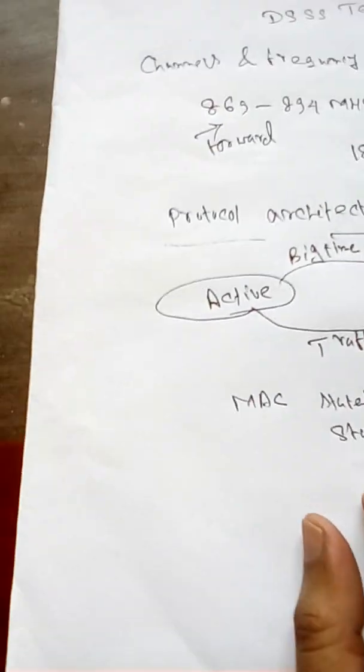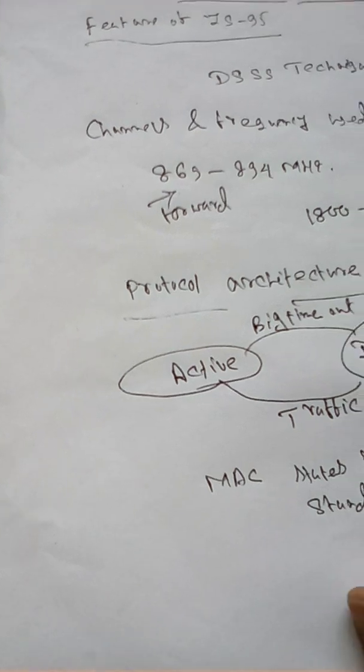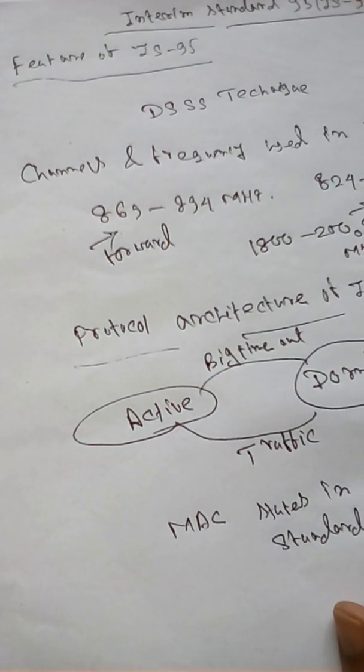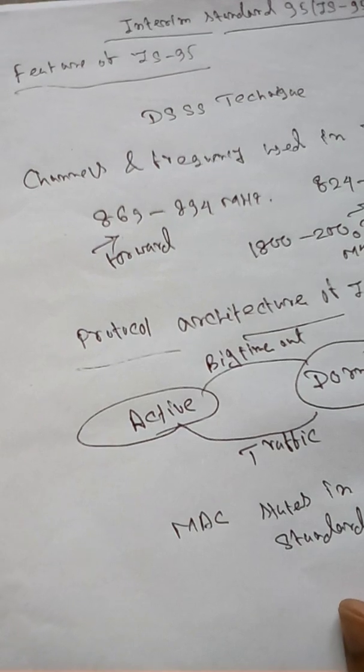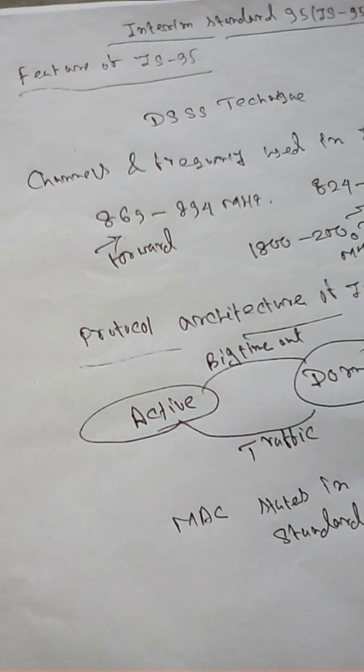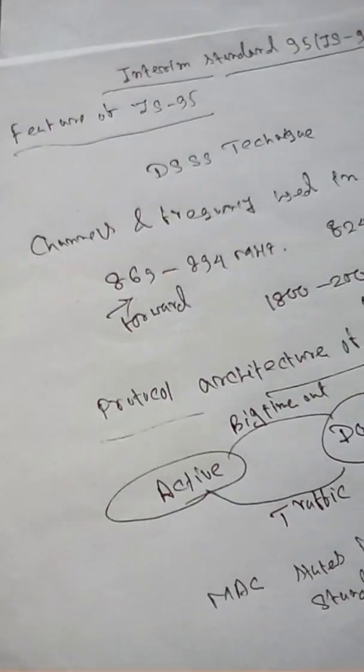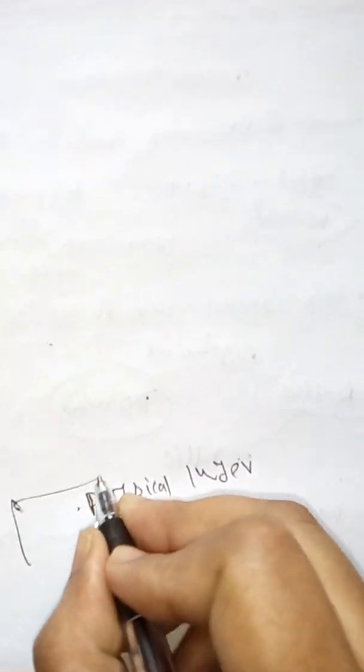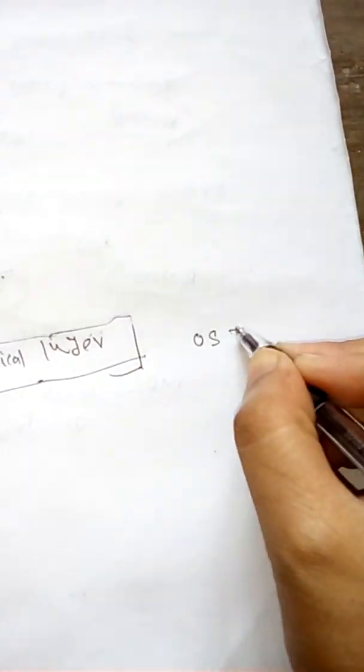And here we see, like the OSI model, there are some layers. Layer 1 is used for frequency use, radio transmission, and functions related to effective delivery of voice and data packets. If we see the picture of the protocol architecture, the bottom is the physical layer, meaning this is OSI layer 1.